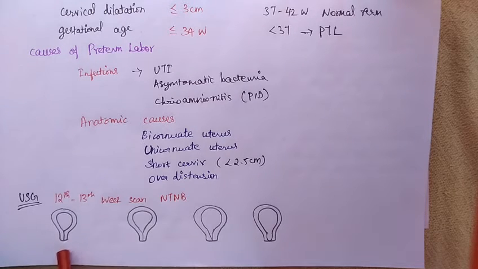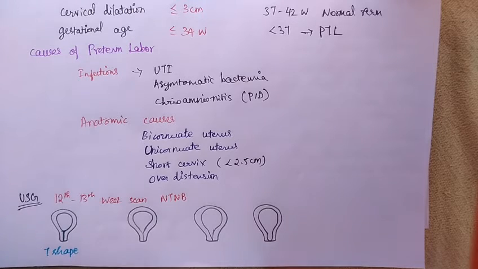And here, let me show you the nicely tightly closed cervix. It is the T shape. T shape is normal. It's a tightly closed cervix. And this is the Y shape.